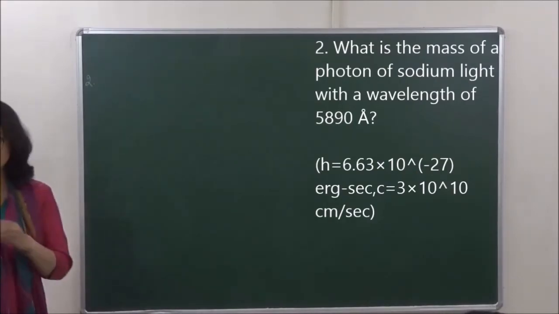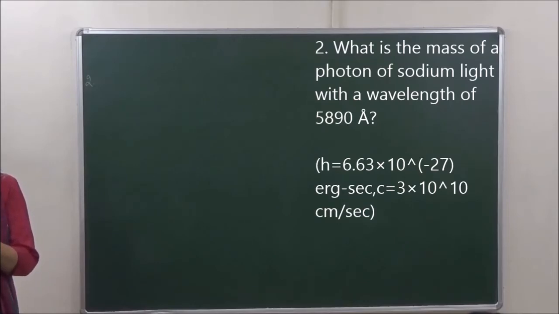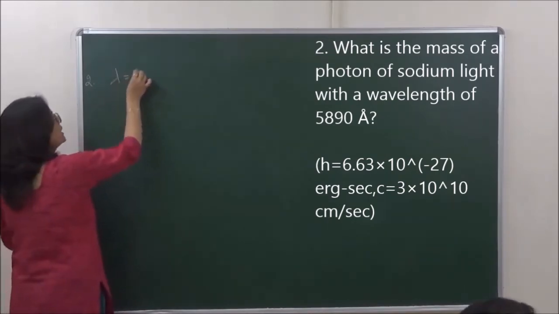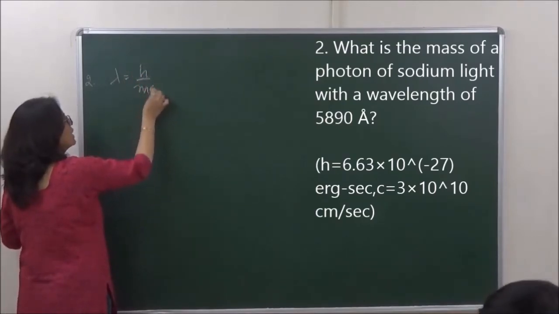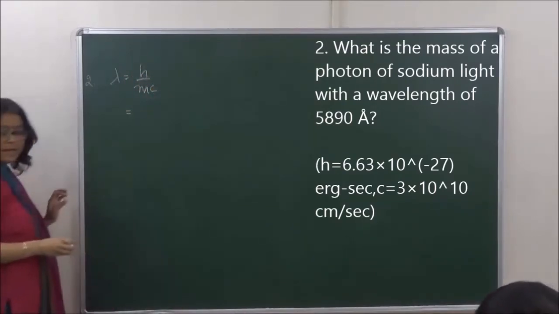Question number 2 is, what is the mass of a photon of sodium light with a wavelength of 5890 angstrom? H is equal to 6.6 into 10 raised to power minus 27 ergs, and C is equal to 3 into 10 raised to power 10 centimeters per second. So over here, lambda, according to de Broglie, is equal to h upon mc, right?